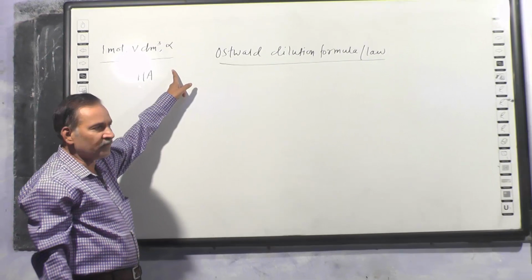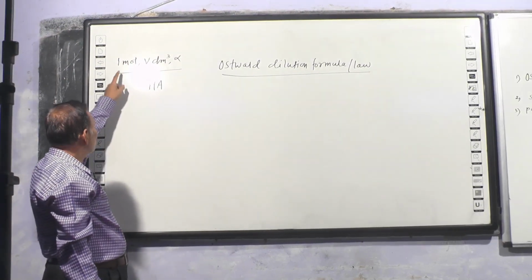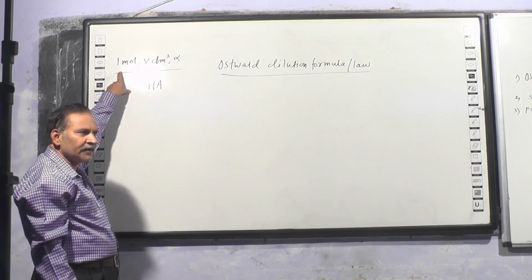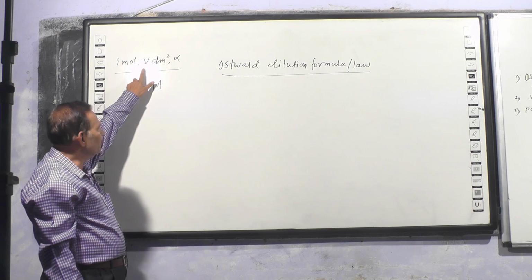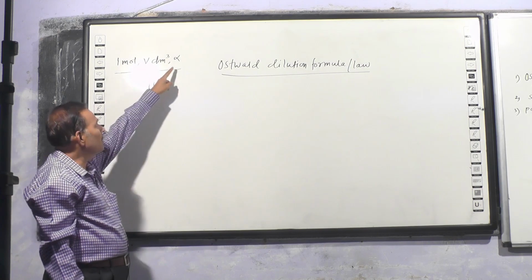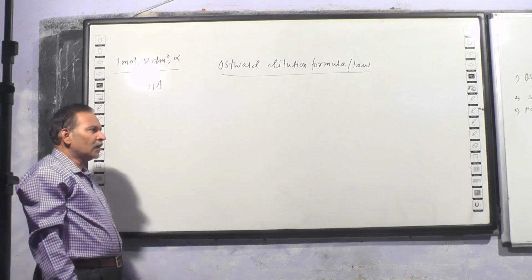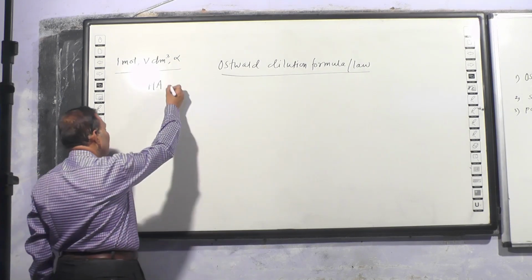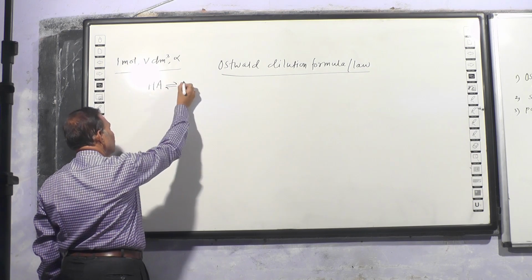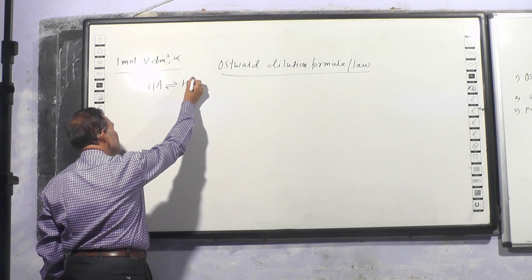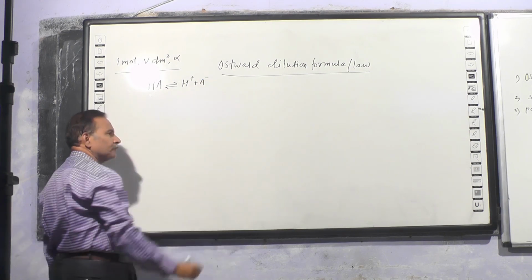What are the assumptions? Once again, I will tell. Suppose 1 mole of weak acid HA is present in V liter or V dm cube of solution, and alpha is its degree of dissociation. Now we know this fact: when this acid dissociates, being weak, it dissociates reversibly, giving H plus and A minus ions.